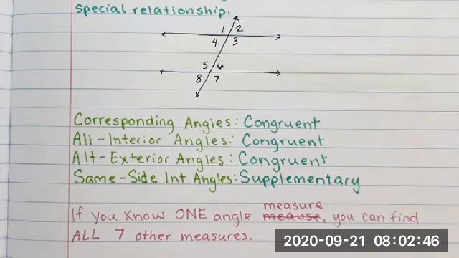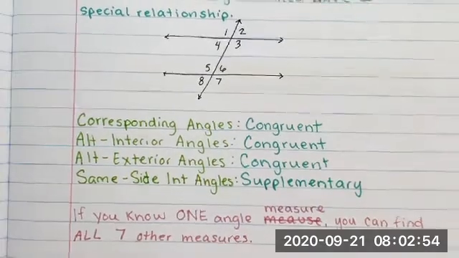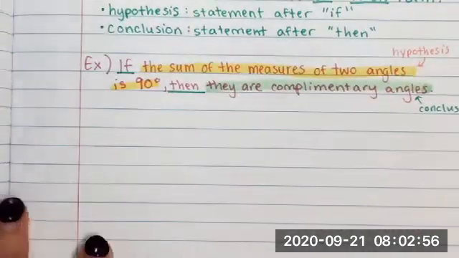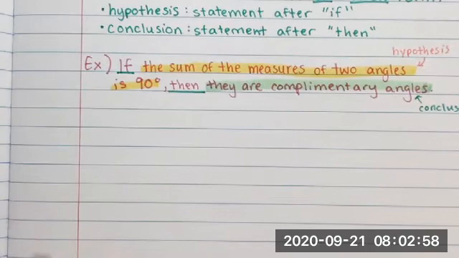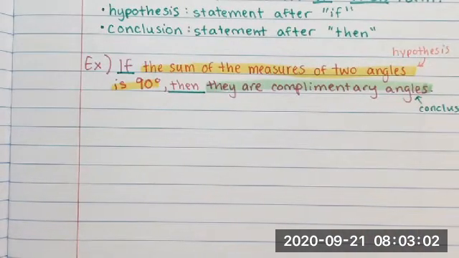It's only congruent if the two lines are parallel that are cut by a transversal. So we like to do our theorems in if-then form because they include the criteria needed for the conclusion to be true, and also for one other interesting reason.